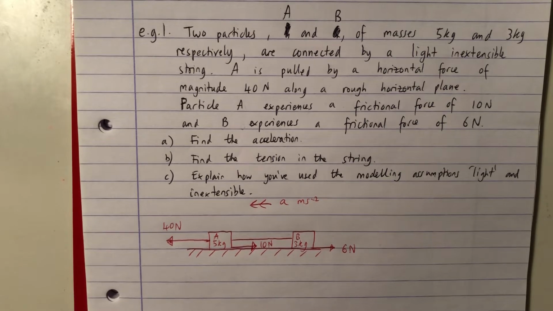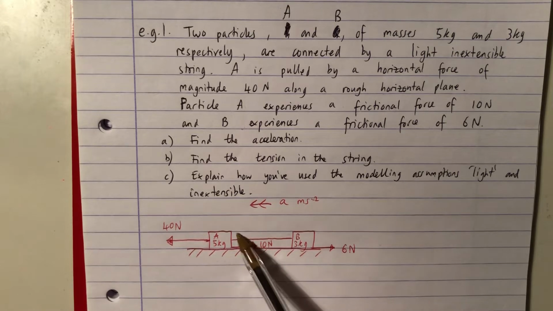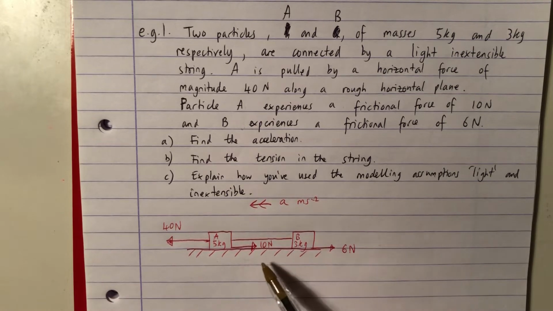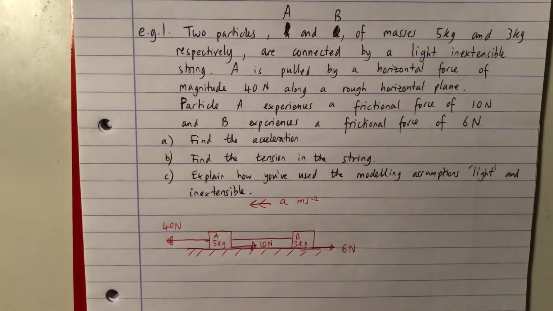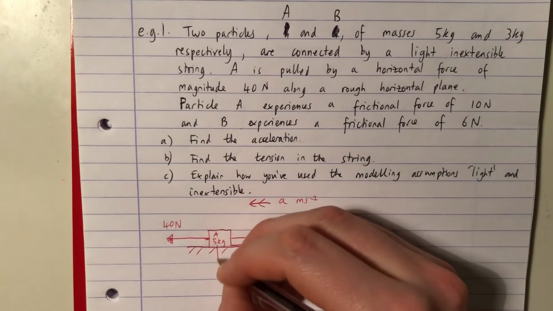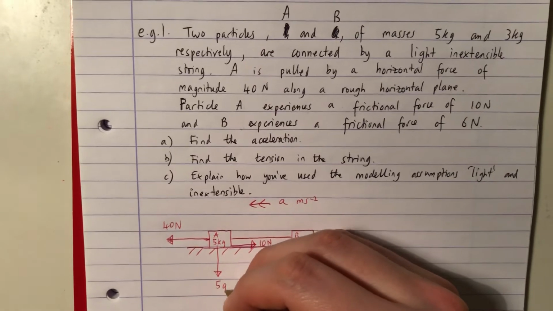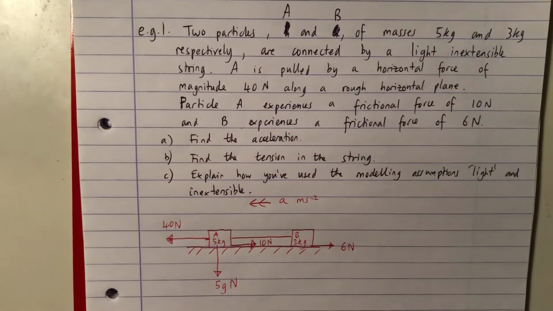Right, how can you do this? The best way to do it is label all of the forces acting on both objects. So what forces are acting on object A? Well, it has mass, so it'll have a weight, 5g newtons.